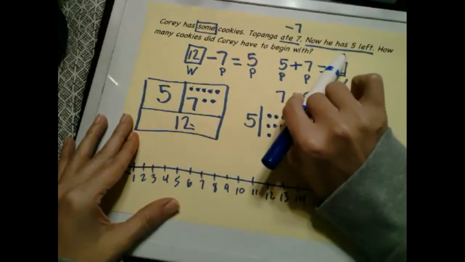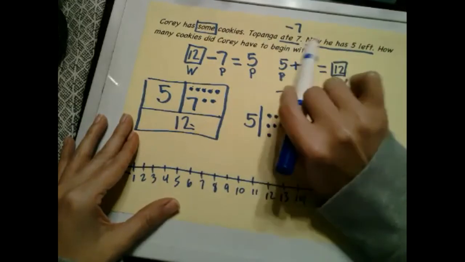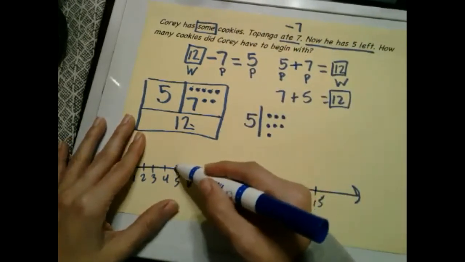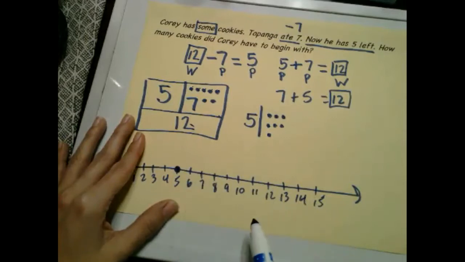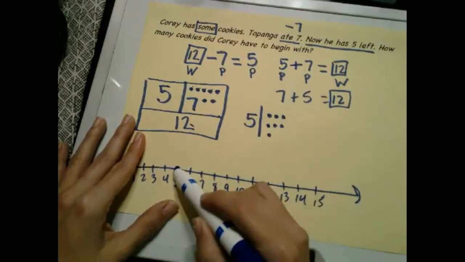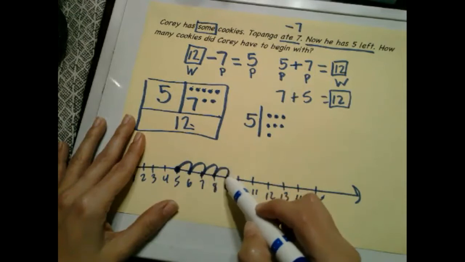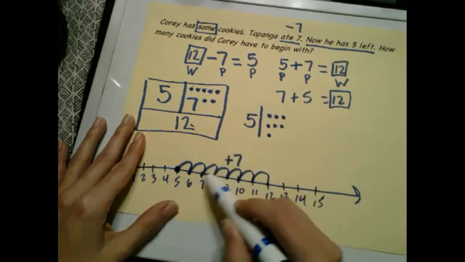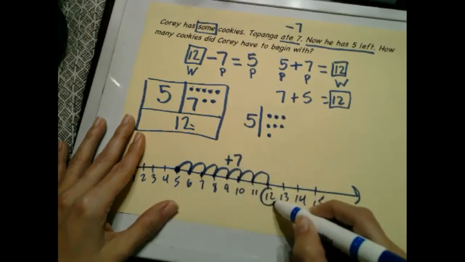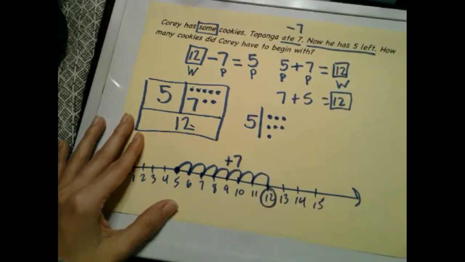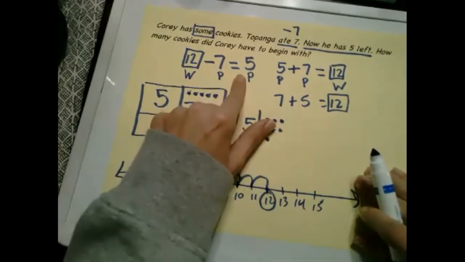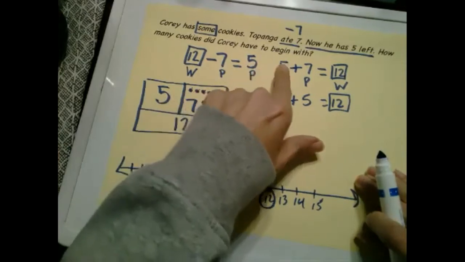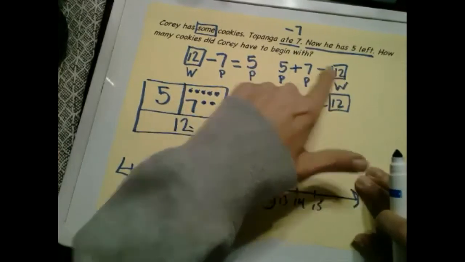Now I have 5. But I also know these are my 2 parts that I need to figure out. So I'm going to start at 5 and I'm going to add 7 instead of subtract. 1, 2, 3, 4, 5, 6, 7. Because 5 plus 7 would give me 12. When you have these types of problems, think backwards. Something minus 7 equals 5, then 5 plus 7 equals 12.